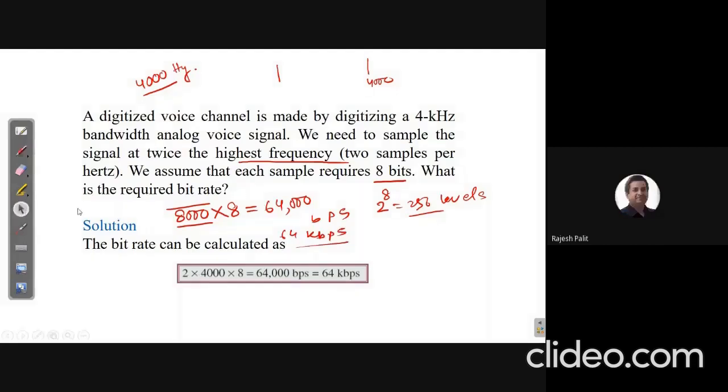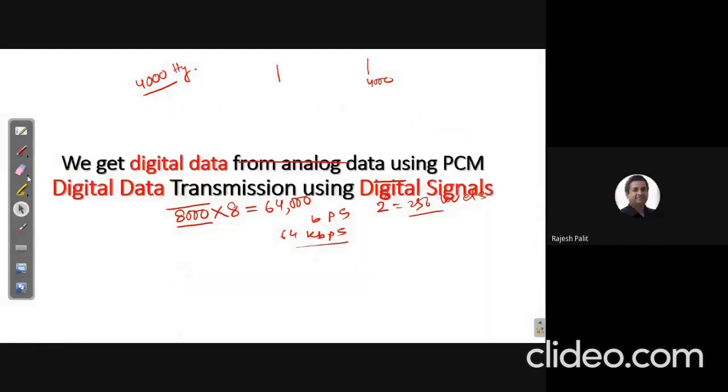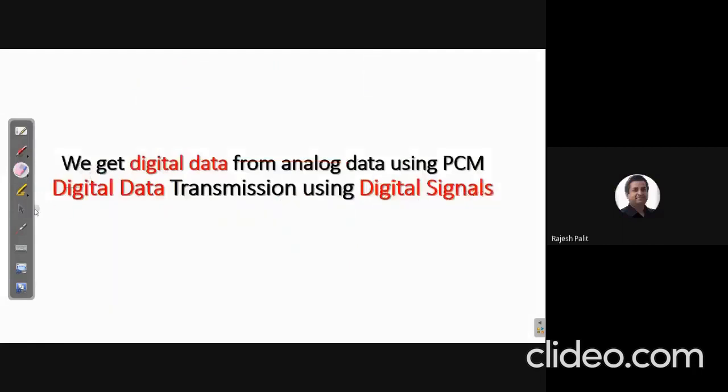We get digital data from analog data using PCM, pulse code modulation. So from analog data, we get the digital data.